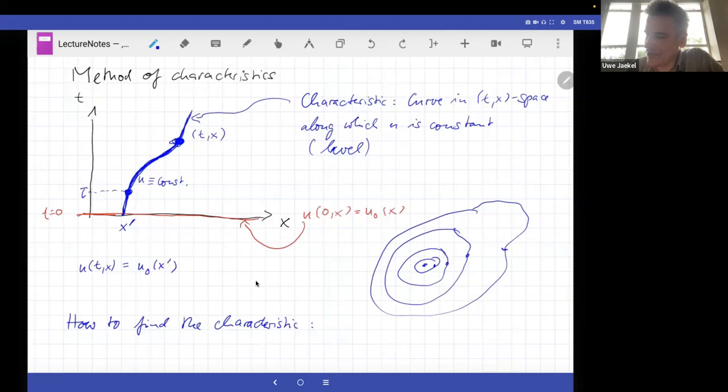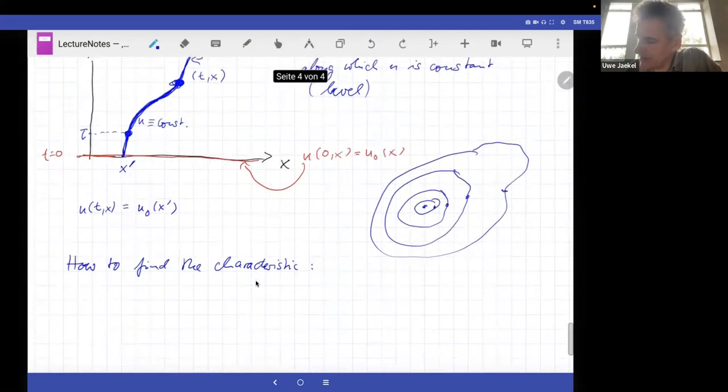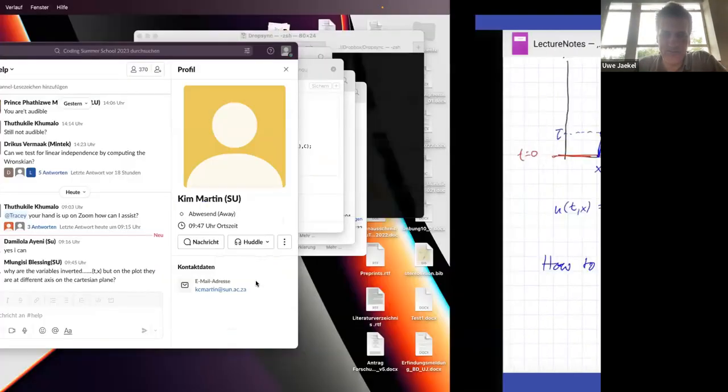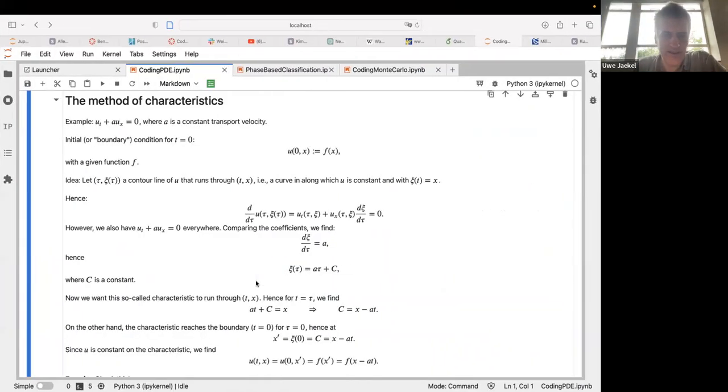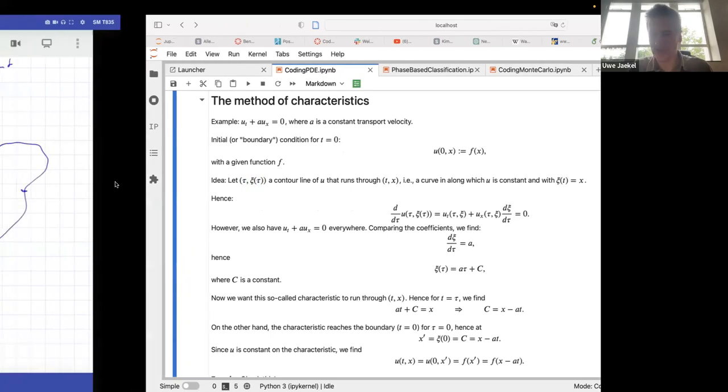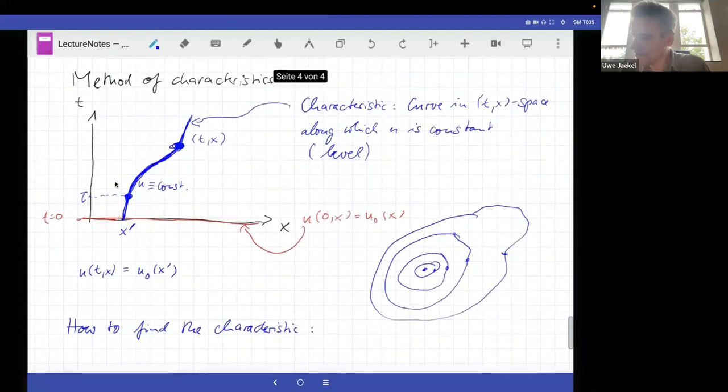And the characteristic curve, let me stick to the notation here. So it's a contour line. So let this be the parameterization. In this case, we have coordinates. The coordinates will be tau and a function psi of tau, which is the x position.